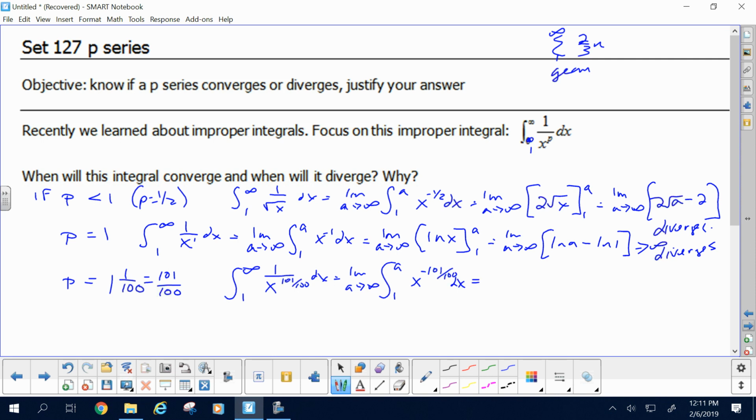Now that great dividing line of 1 makes all the difference, because when you integrate that, it's still negative, and therefore in the denominator. What's the antiderivative? When you raise it by 1, it becomes x to the negative 1/100. X to the negative 1/100 divided by negative 1/100 is times negative 100 over 1, if you like. But the key is that it still stays in the denominator. Even after raising it by 1 power-wise, it's still in the denominator.